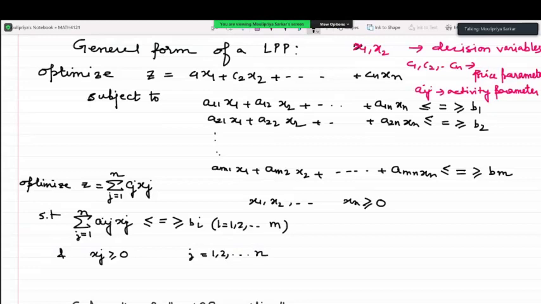Am I clear? The same problem is also represented just in a compact form. They are the same, just the difference lies in representation. Are we clear with this?